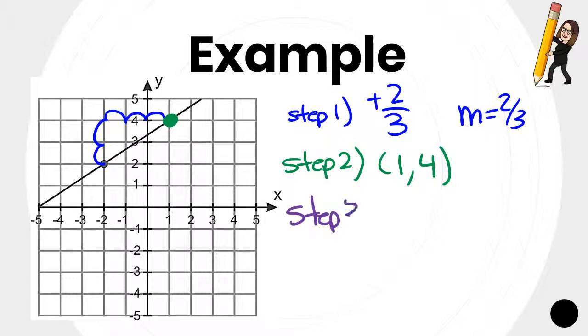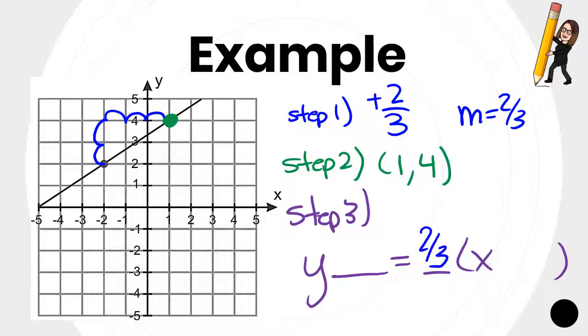Step 3, we want to write in point-slope form. So I'm going to have y with a gap equals m parentheses x with a gap. So the slope always goes in front of the x. Which number goes with my x parenthesis?